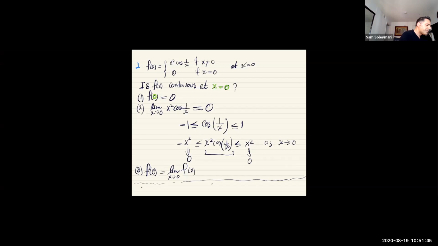So we have the derivative rules. We have the most important rule of all, which is the power rule.